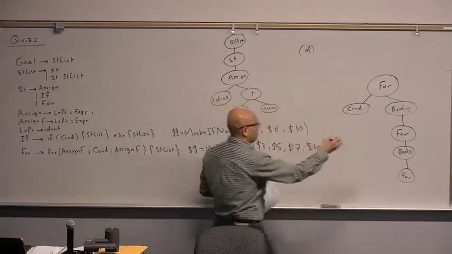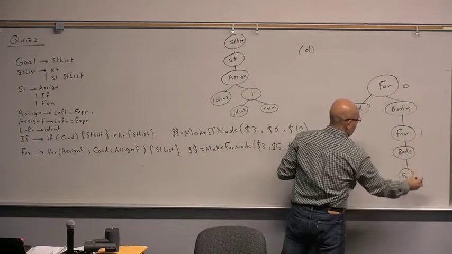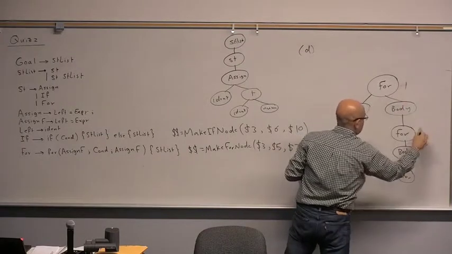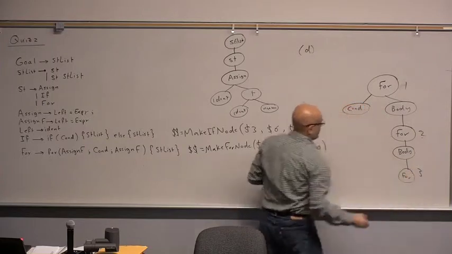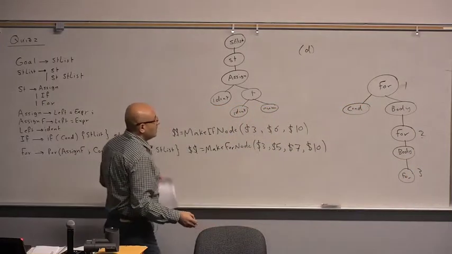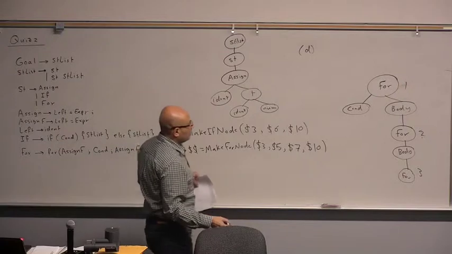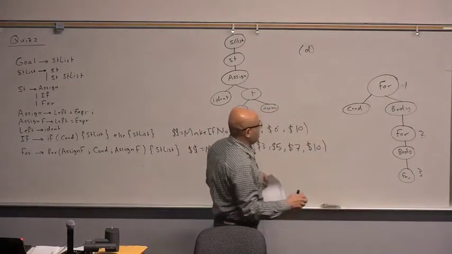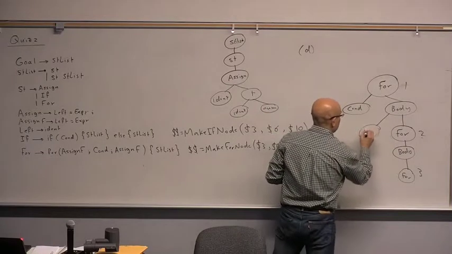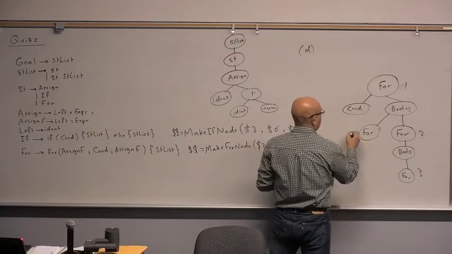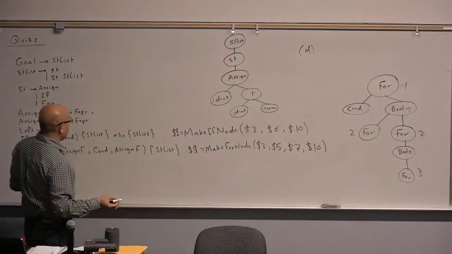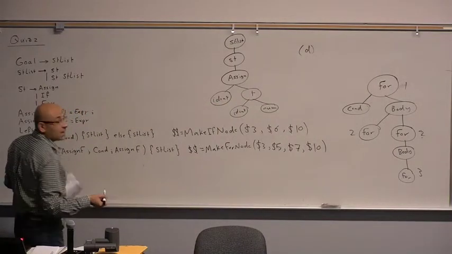So if this is level 0, this is level 1, 2, 3. But if the body of this loop has another for, then this for will be at level 2 as well. So anyway, how can we write the actions for this?